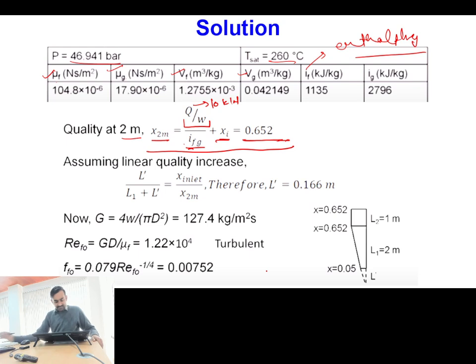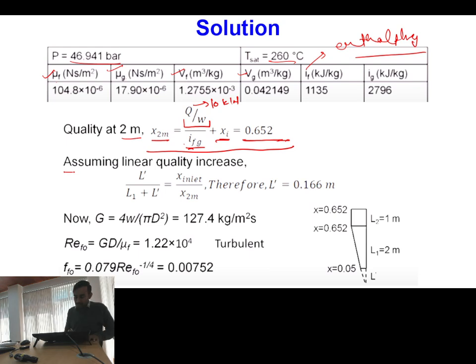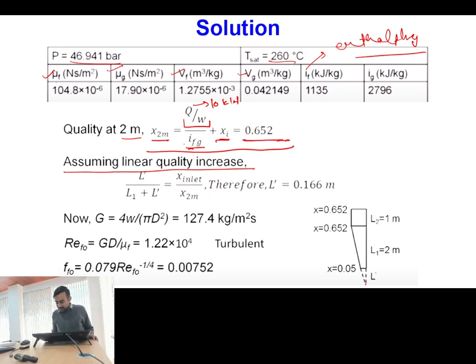That's why we have assumed linear quality increase. So with linear quality increase, I have extended this portion back, and I assume L dash is the portion where quality changes from x equal to 0 to x equal to 0.05. Then the 2 meter portion is from 0.05 to 0.652, and the remaining portion has constant quality.